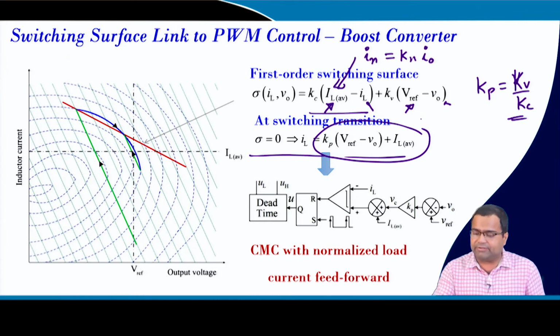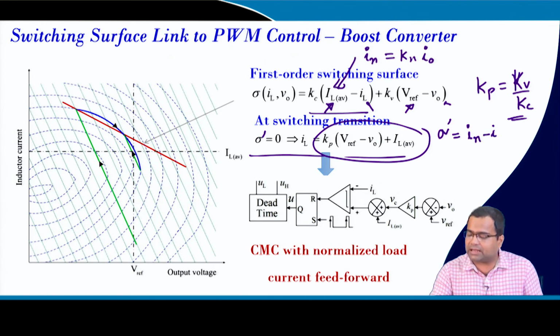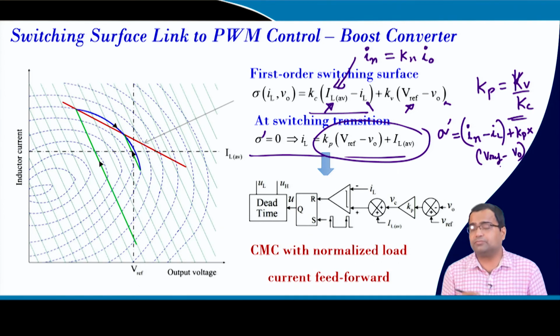That means, if I write sigma dash, which is nothing but my I normalized minus IL plus Kp into Vref minus V0, and at transition it is 0, and this will lead to, if I take IL to the other side, it is Kp into error voltage.